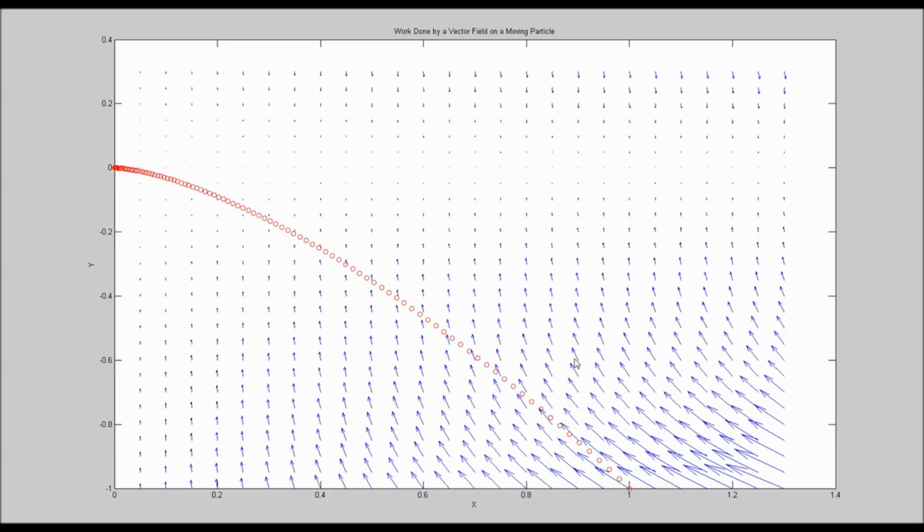If you were to insert a particle, let's just say at this point right here, then there would be a force with a magnitude and a direction that would push that particle in this direction, right? That's not the interpretation that we're using for this example, but you can think of the vector field as if you were to put a particle right here at rest, then there would be a force acting on it in this direction, so the particle would begin to move in that direction.